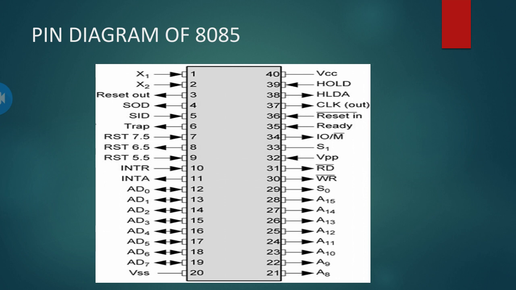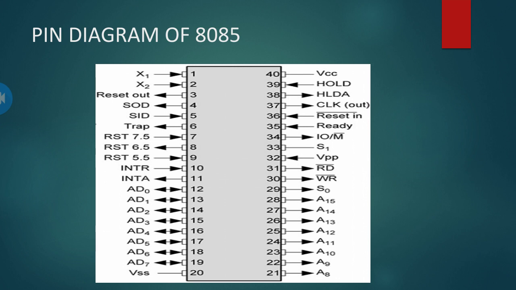Time multiplexed address data bus means it is used to carry both addresses as well as data. And the AD0 to AD7 address bus is used to carry the low significant bits of the address, whereas VSS pin number 20 is used for grounding purpose.